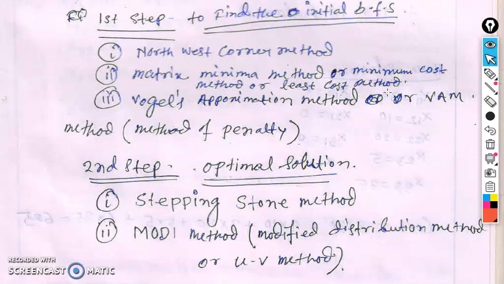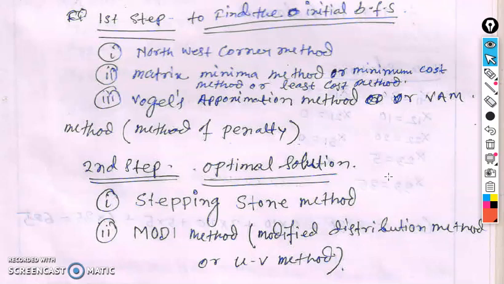Okay, so we move to the optimality test. Before that, we have already mentioned that when we formulate the transportation problem, it becomes a linear programming problem. Since it's a linear programming problem, we have already learned that simplex is the best method.